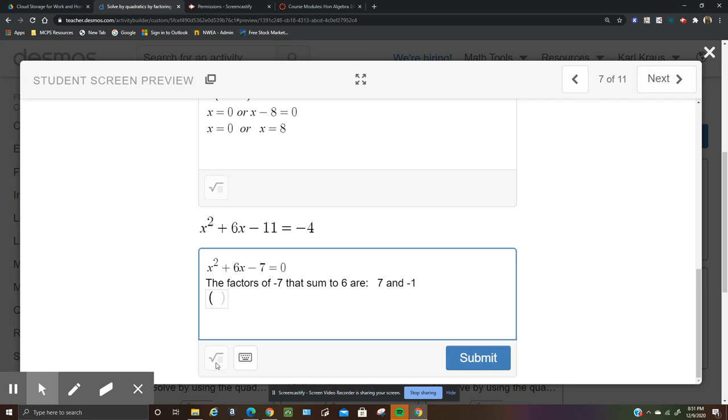The factorization becomes (x plus 7)(x minus 1) equals 0.